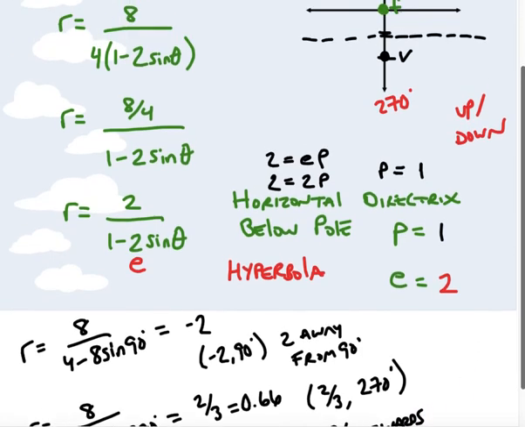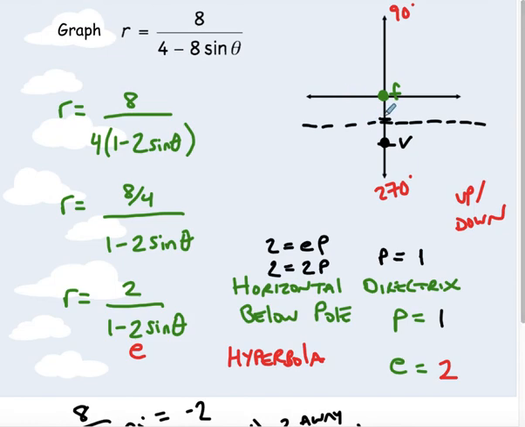So if I go back to my picture, 2/3 of the way to 1 would be, I don't know, maybe about here. So that would be another vertex. So I have a parabola-like shape opening up, eating that focus, and then another shape opening down.